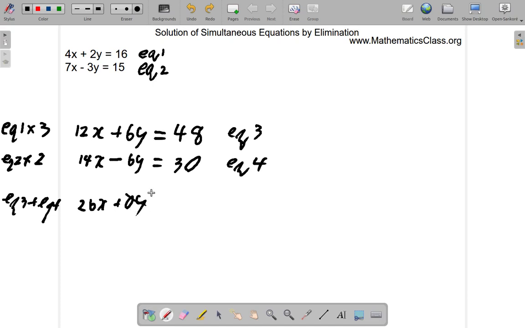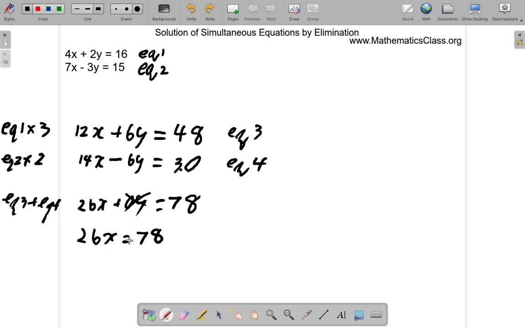Y is gone. Nice. Equals 48 plus 30 gives you 78. So 26x is equal to 78.